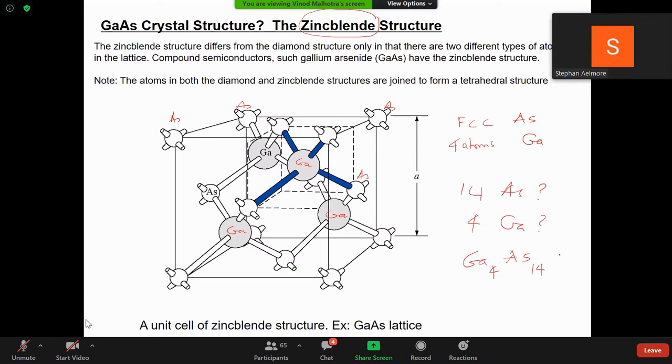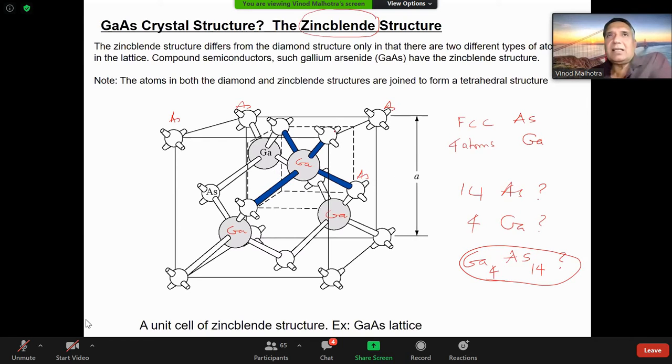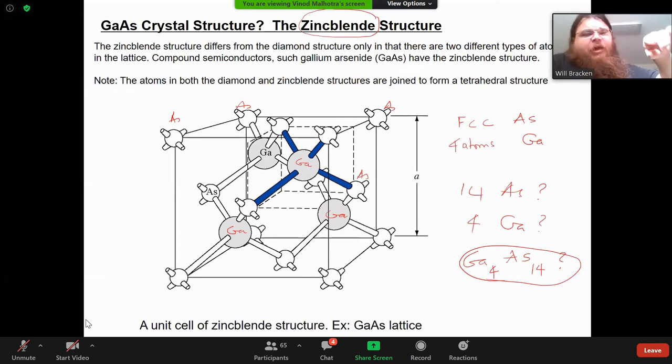I think just the galliums that go with the arsenic, like on the corners and the faces, aren't shown, but they still exist in the crystal structure. Gallium goes with arsenic. So we're showing the gallium, and we're showing all the arsenics that are bonded to galliums. We are not showing all of the galliums that are bonded to individual arsenics, right?